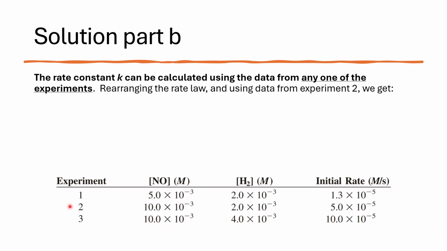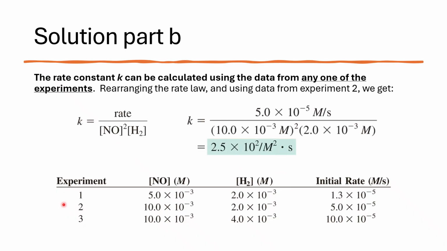Randomly, we're going to select the data from experiment 2, and we're going to plug it into a rearranged equation, which you see here, in order to figure out the value of k. And we're going to be very careful about our units, because that's something you frequently encounter as a question. If you just identify k numerically and you get the wrong units, you will not be entirely correct in your answer. So we'll analyze that as we go along.